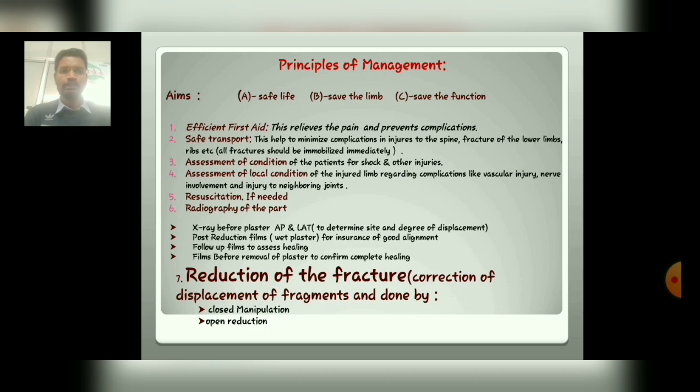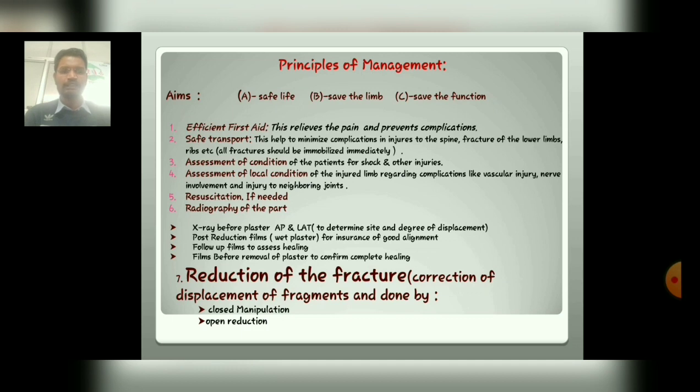So we are continuing our topic, that is principles of management. As I already discussed the aims and the efficient first aid, then we discussed the safe transport and different types of assessments. After that, I already discussed the importance of radiography. Then coming to the next point, that is reduction of the fracture.